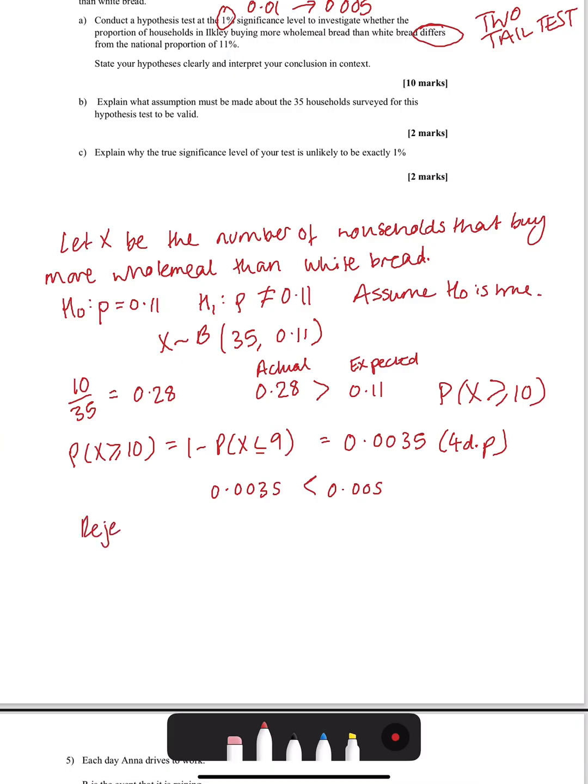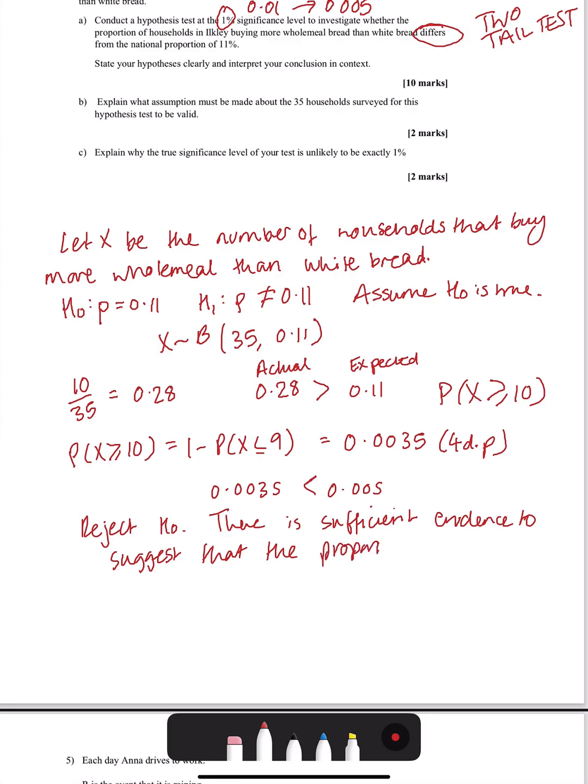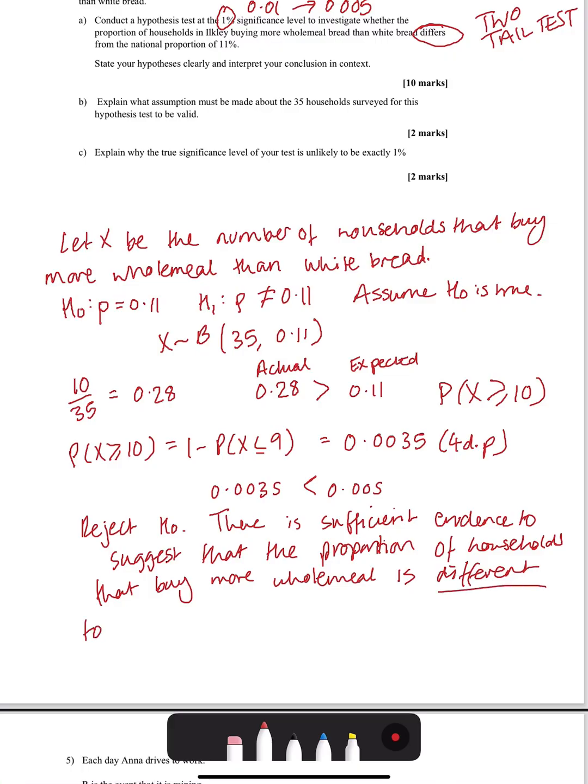So we will reject H0 and say there is sufficient evidence to suggest that the proportion of households that buy more wholemeal is different, don't say more than, different to 11%.